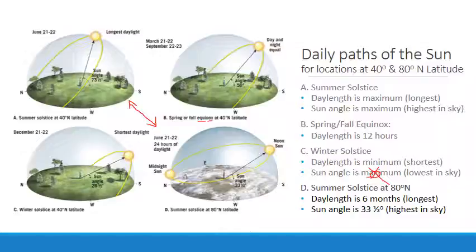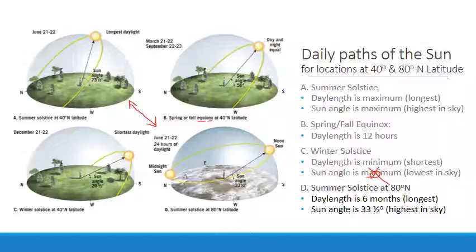You'll see the sun get as low as just above the horizon at midnight, and at noon it'll be at its highest point above the horizon, but it still won't be as high as the sun angle is here in the mid-latitude. So you'll see a sun angle of a maximum of 33.5 degrees if we're at 80 degrees north, and at a maximum of 50 if we're here at 90.